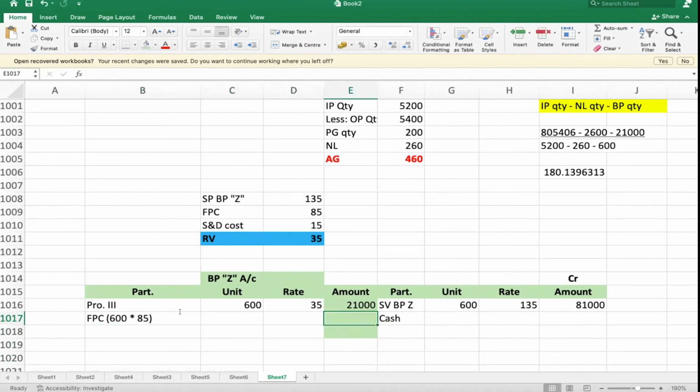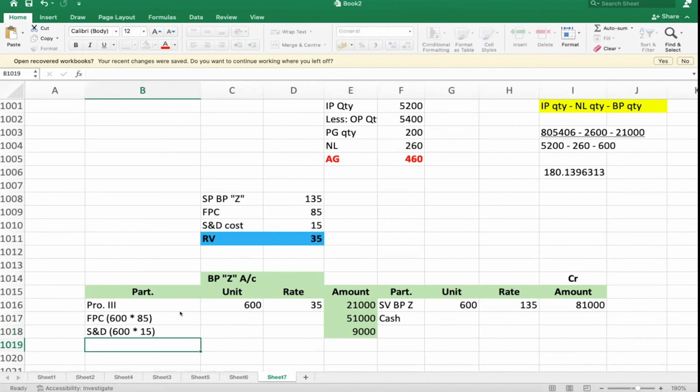So amount column 51,000. Understood? Then selling and distribution overhead or expenses. Same manner 600 quantity into how much, Kanna? 15 rupees. 9,000. That's all, no? All of the data over, no?